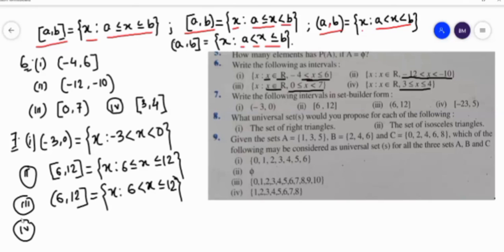Now number 4, check. It is given closed minus 23 and open 5. So what will be the set?